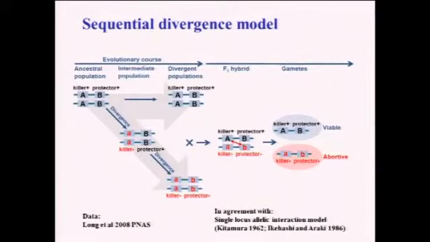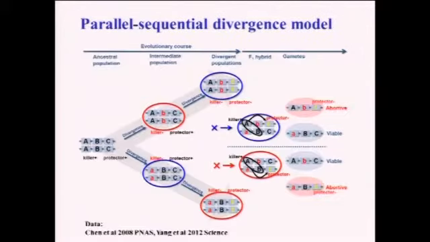Another is sequential divergence, where one gene remained the same. Like in one of the rice examples, A diverged, and then at the very end B diverged sequentially. When they meet, they could cause problems because the original A would negatively interact with the mutated B, which would cause problems in the gametes.